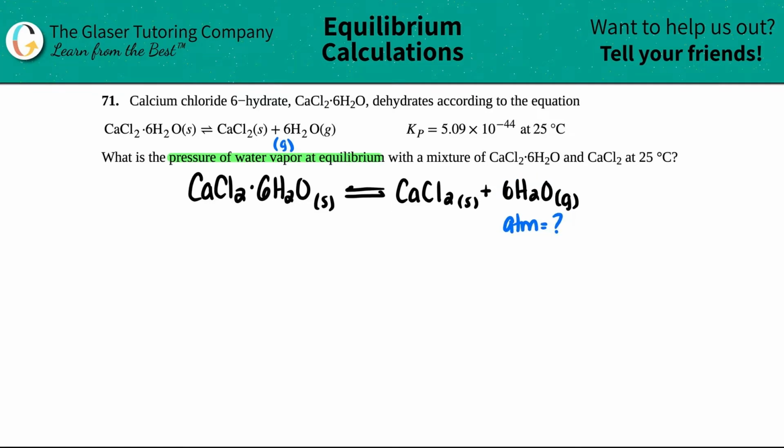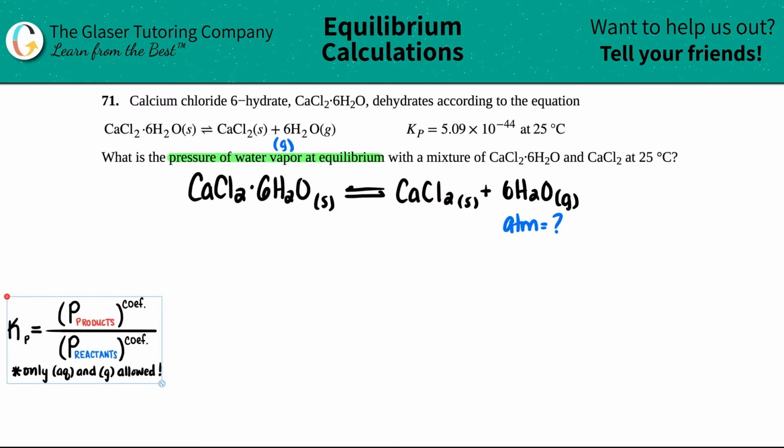Okie dokie. So they gave me a Kp value, or a number. We can write a specific expression or formula because we know the general expression for Kp formulas. It's this one, right? Kp is just the pressure of the products divided by the pressure of the reactants raised to their coefficients. But we gotta play the game. Only aqueous and gases are allowed in this formula.